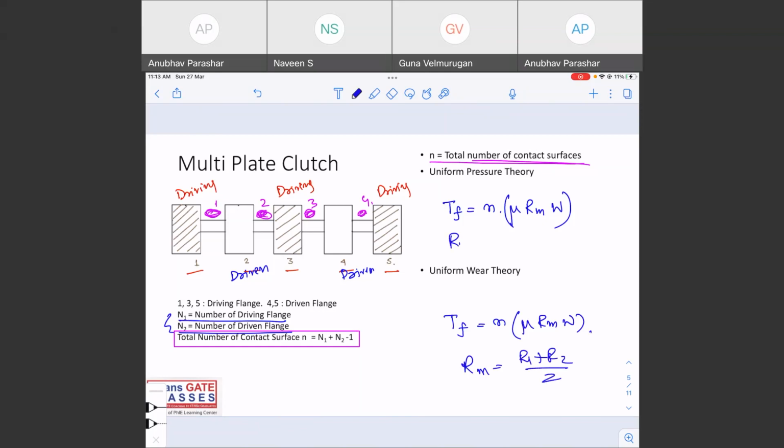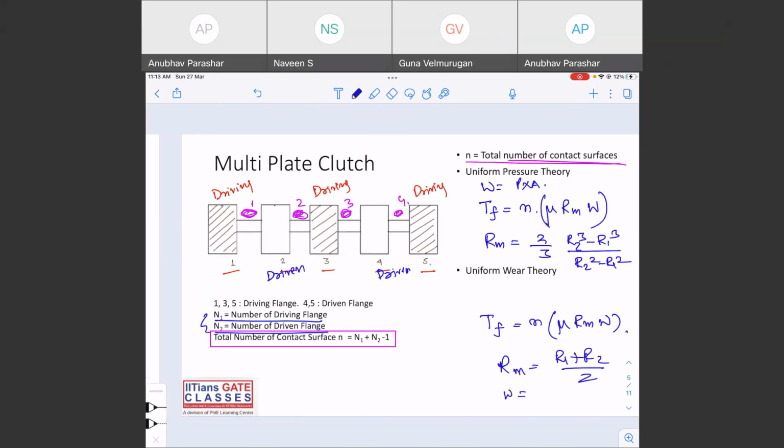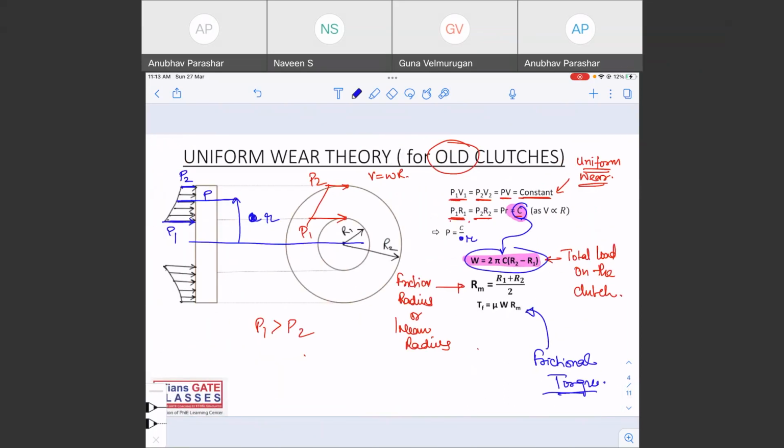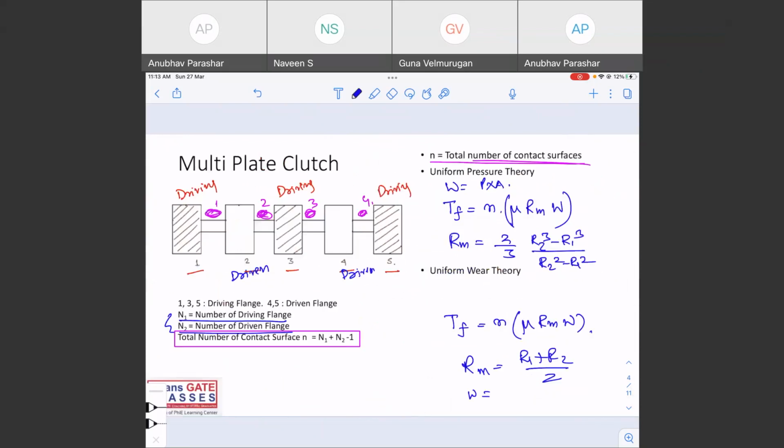What is Rm here? Rm is equal to 2 by 3 times R2 cube minus R1 cube divided by R2 square minus R1 square. What is W here? W is equal to pressure multiplied by area. We have seen it in the last slide: 2 pi C times R2 minus R1. So this is exactly what you have to do.